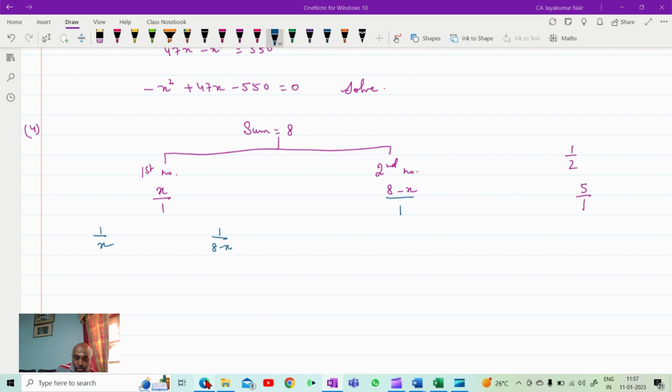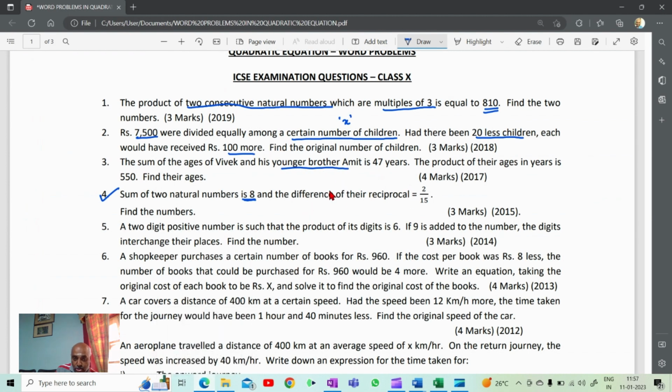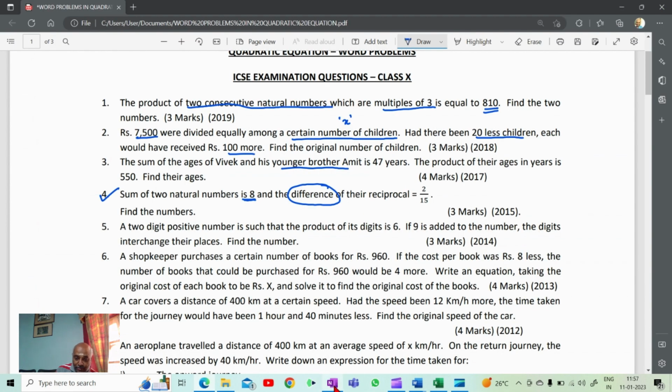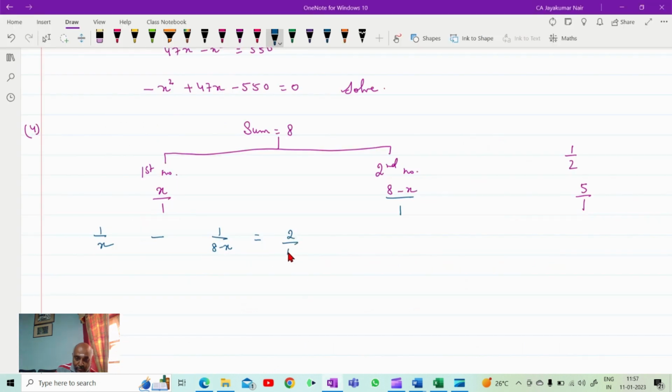They say that if you find the difference of their reciprocals, difference means you have to subtract. So 1 over x minus 1 over 8 minus x should be equal to 2 over 15. So how do you frame the equation? Find the LCM, x into 8 minus x.